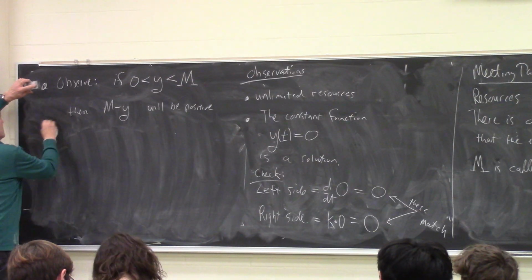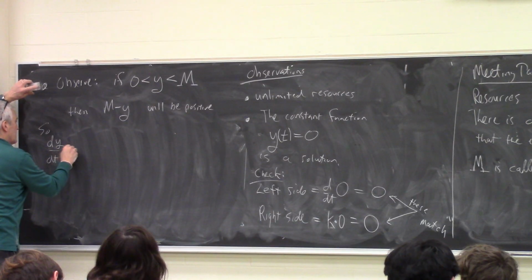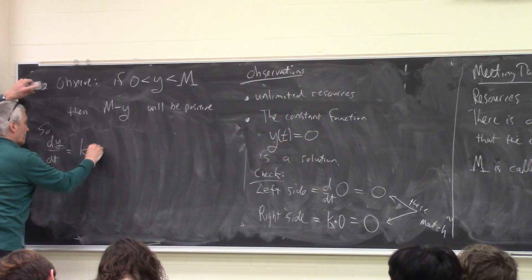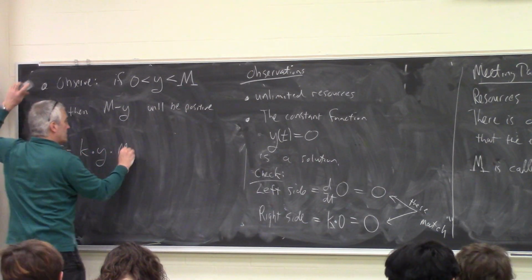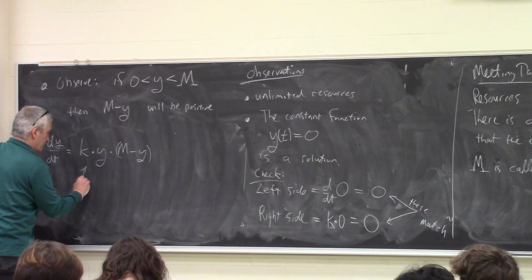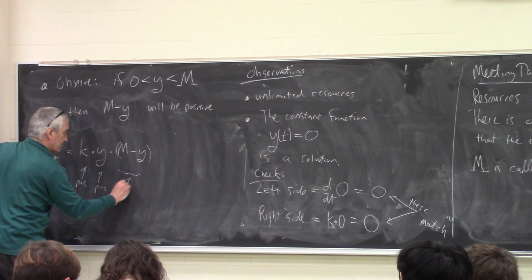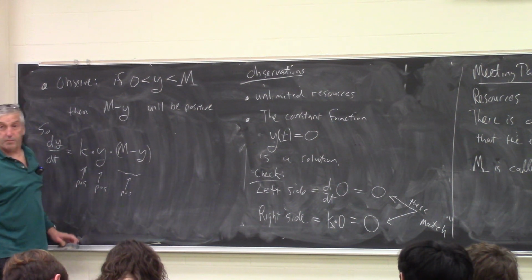So the derivative dy dt equals k times y times m minus y. We have positive, positive, positive. So the derivative is positive.